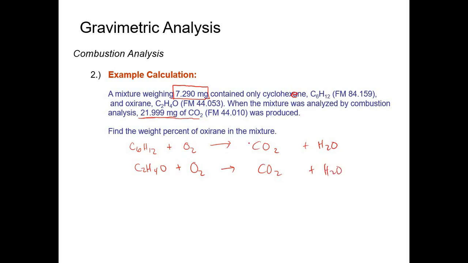We have 6 carbon, 12 hydrogen, so that should be 6 H2O, and then we have 18 oxygen, so that should be 9 O2, right? So that's already balanced.